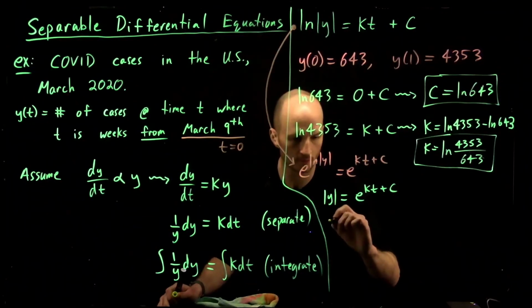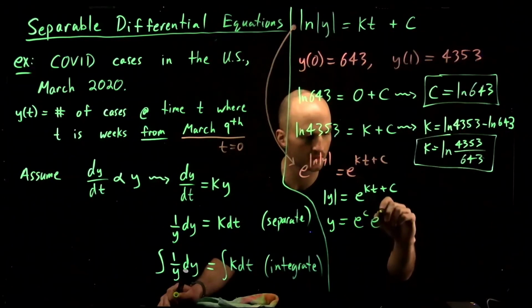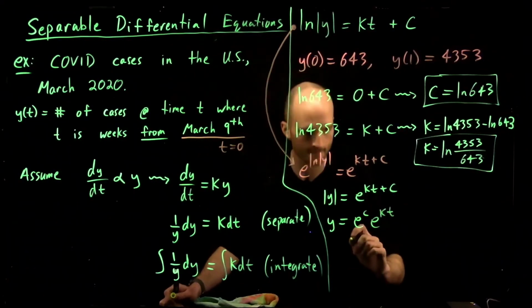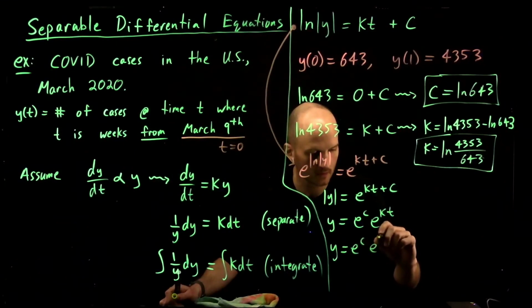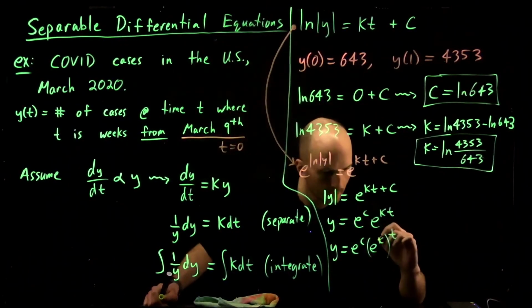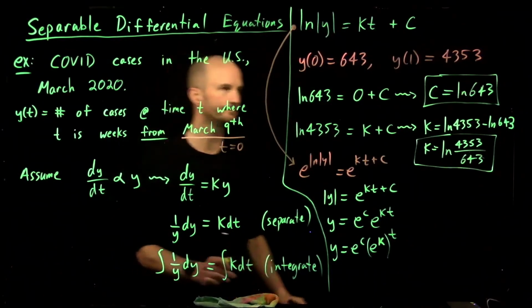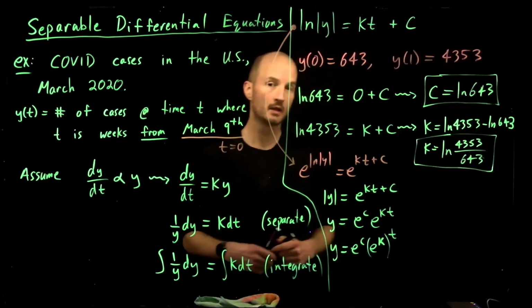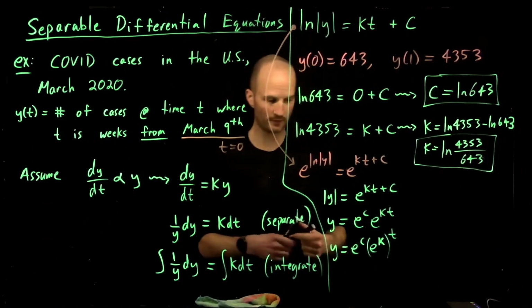And what else can I do? I can write this as e to the C, e to the kt. So y is equal to e to the C, e to the k with the t outside. So why would I do that? Because if I look up here, I can see that e to the C is just 643.